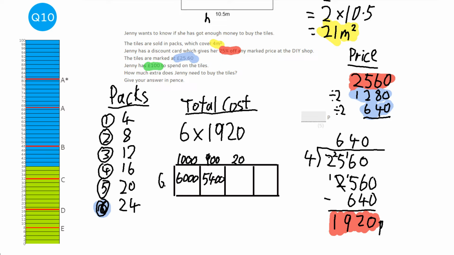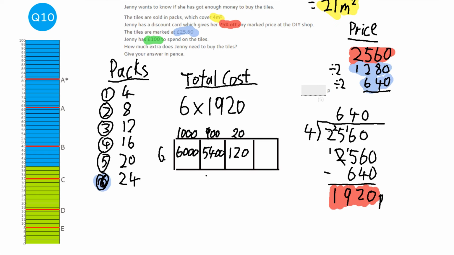And 6 times 2 is 12, with the 0 at the end of the 20. So we need to add these up. So 0 plus 0 plus 0 is nothing. Then we've got 2, then we've got 5, then we've got 11. So the total cost is going to be this number here.